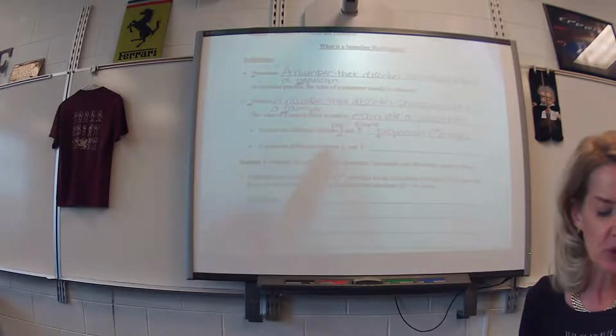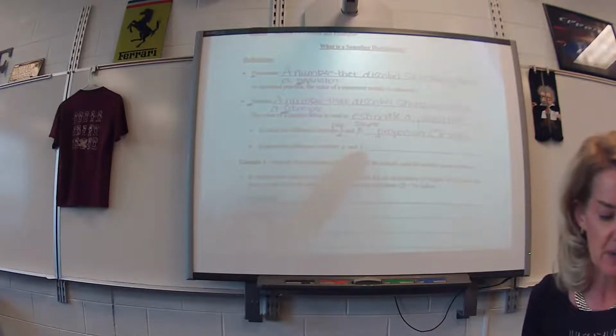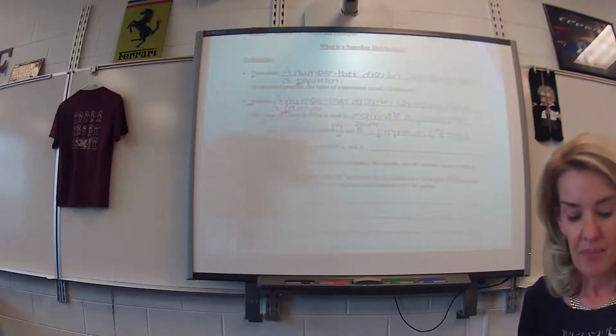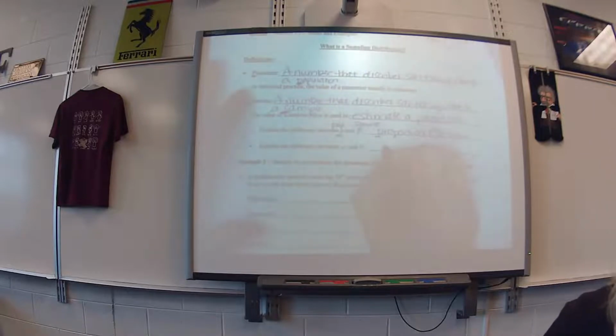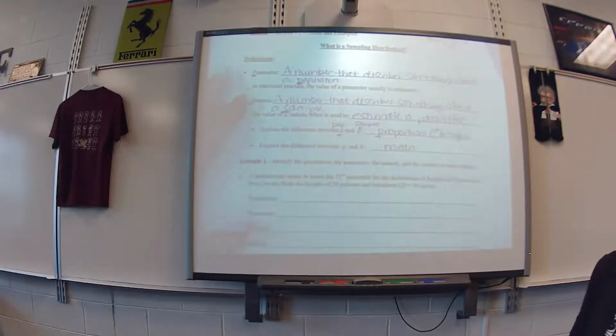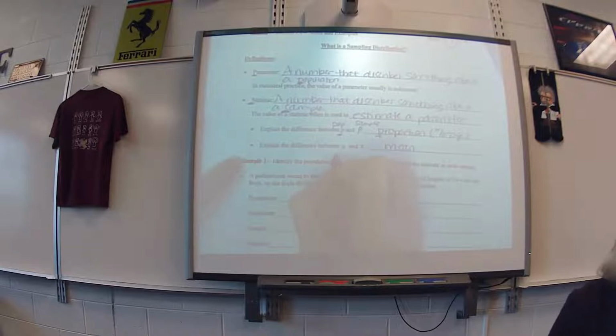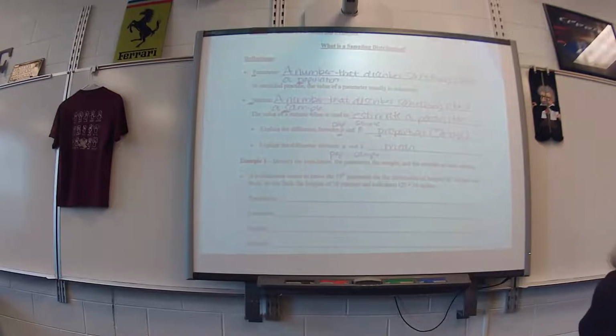Explain the difference between mu and X bar. Both of these stand for the mean. However, mu is the mean for the population. X bar is the mean for the sample. I only use those two right here because in this class, those are the things that we will use the most.